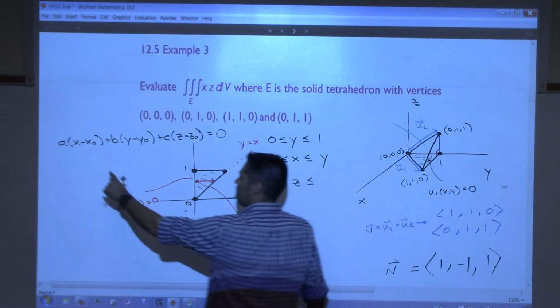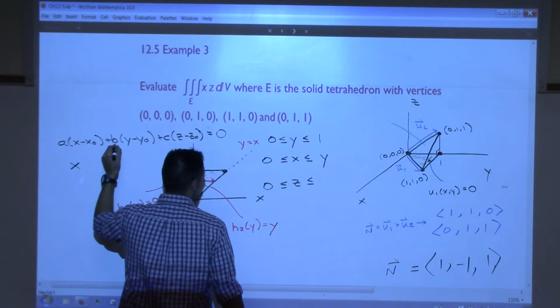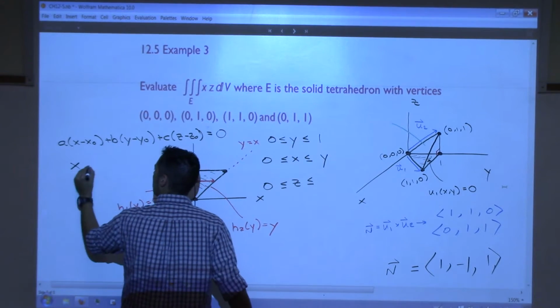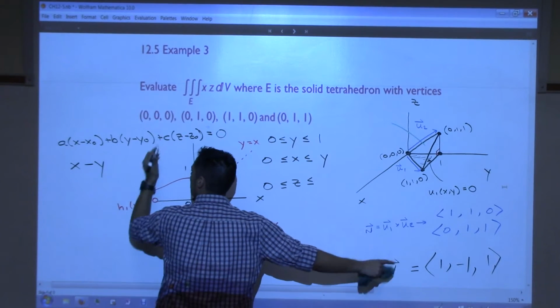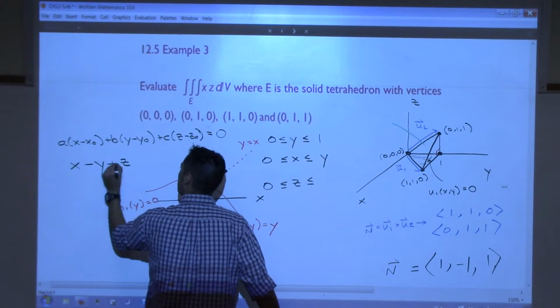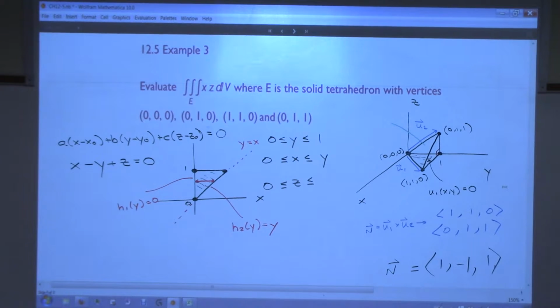So it's just going to be 1 times x minus 0, so that's just x. And then negative 1 times y minus 0, so that's just minus y. And then c, which is 1, times z minus 0, so this is going to be plus z equals 0. Now just solve for z.